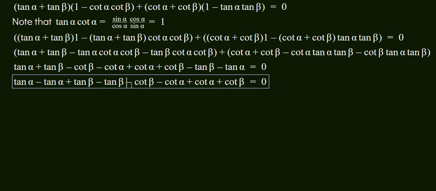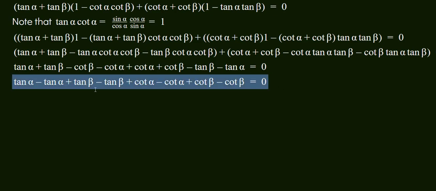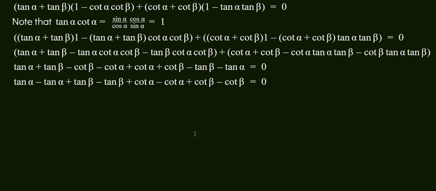I have a negative cotangent beta, and there's its positive friend over there. And now this negative can go in front of this cotangent. And now I've got plus and a minus, plus and a minus, plus and a minus, plus and a minus. And those all just go to 0. So at the end, 0 equals 0.